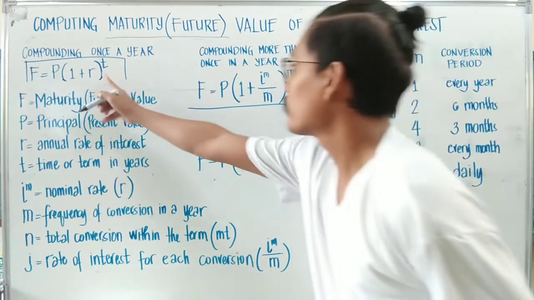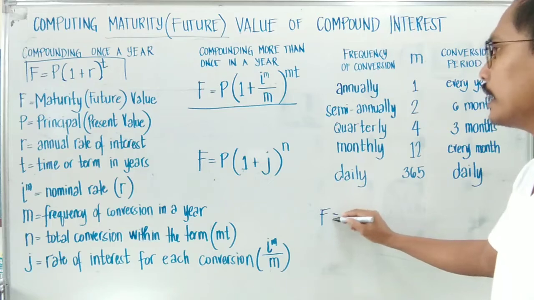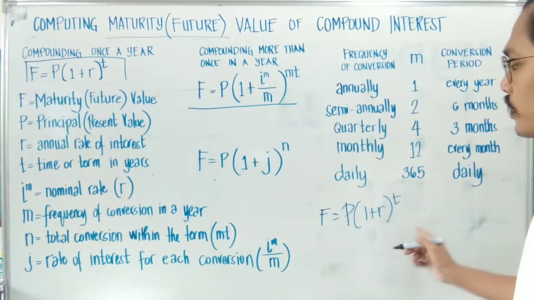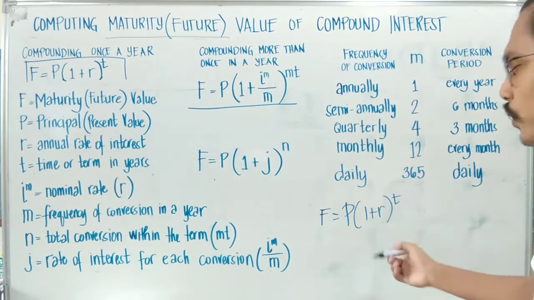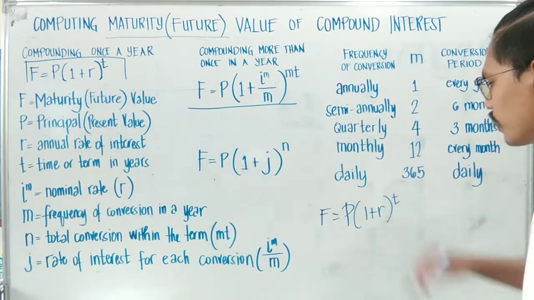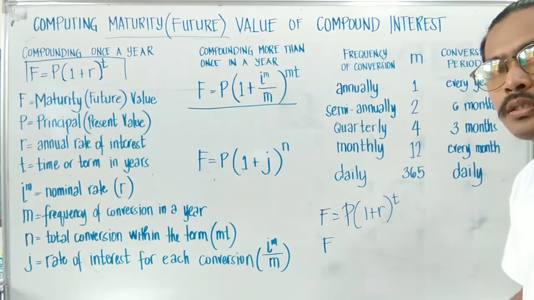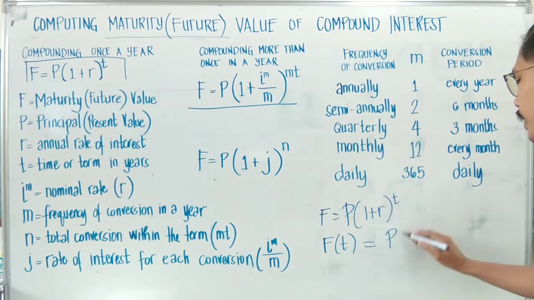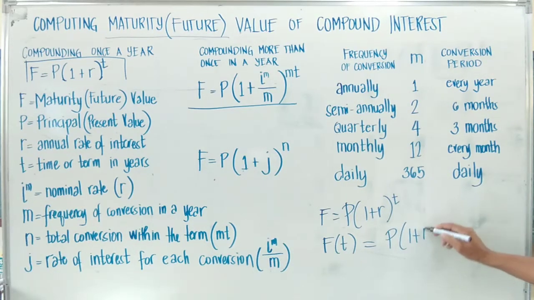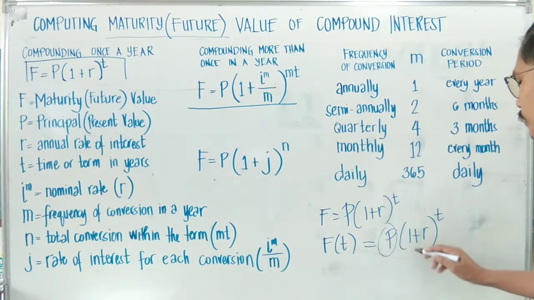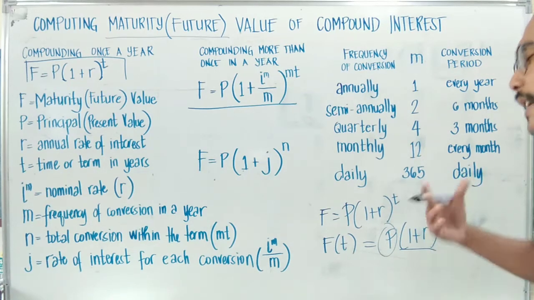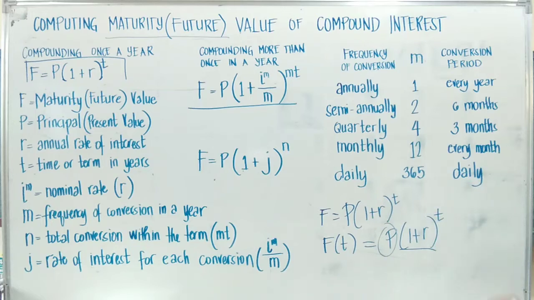This is an exponential function where the exponent is your time t, or it can be written in function form: f of t equals P times the quantity of 1 plus r raised to t, where P is your initial value, the quantity 1 plus r is your growth rate, and t is your exponent.